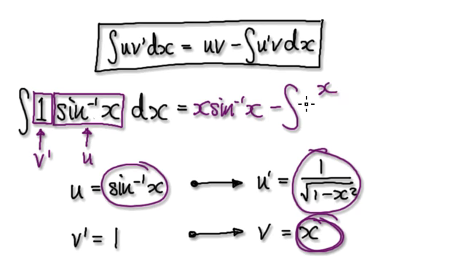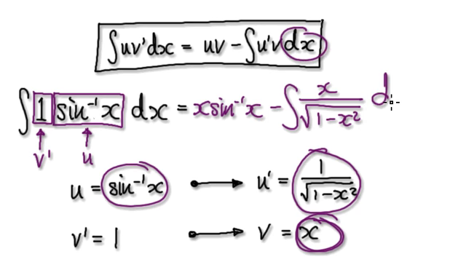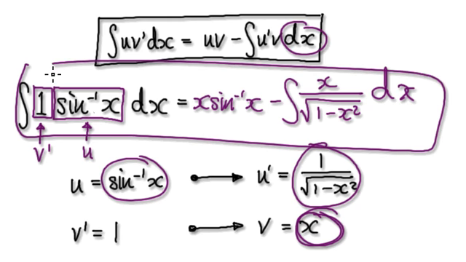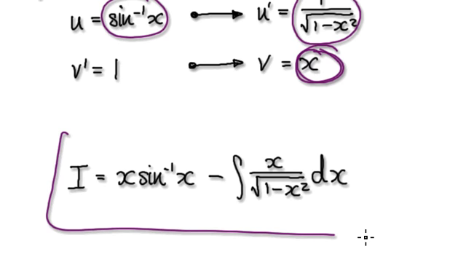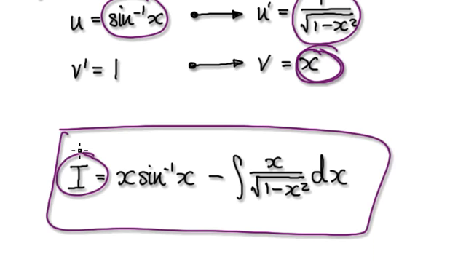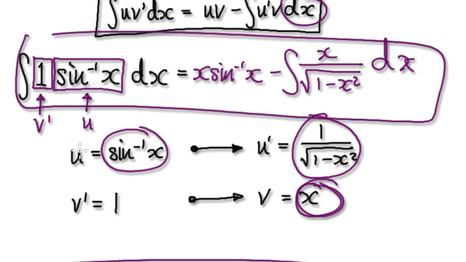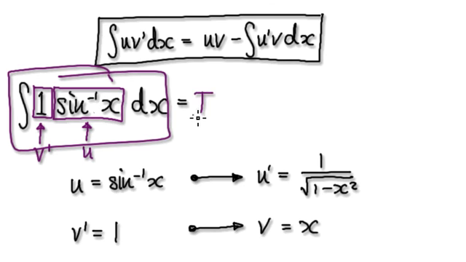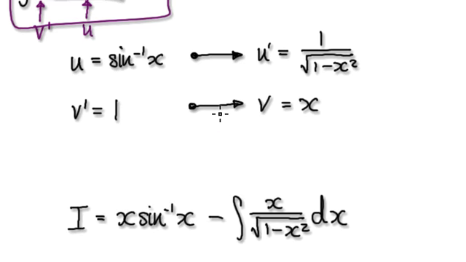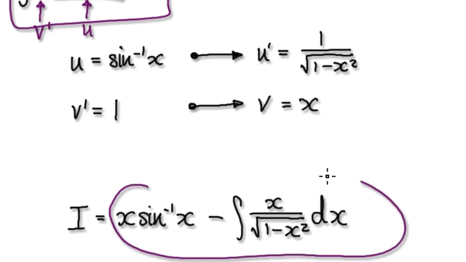So that would be x over root 1 minus x squared, and then you've got your dx. So this whole thing here equals this thing here. And by the way, we're just going to call this whole thing here capital I, so it's easier. So capital I equals this thing here.